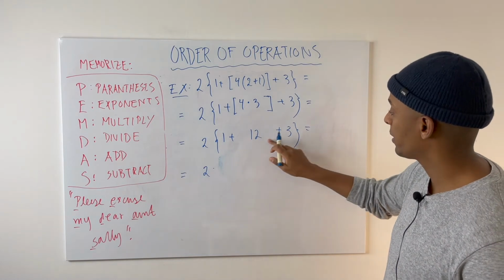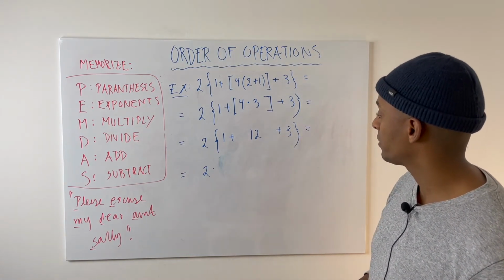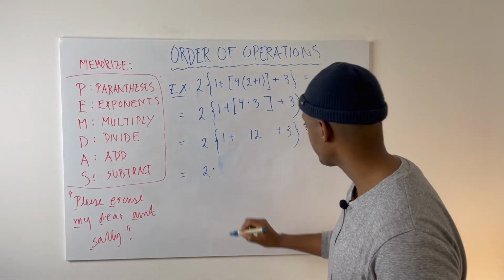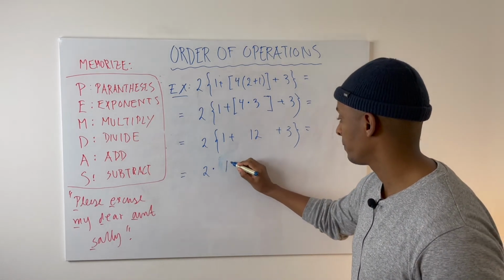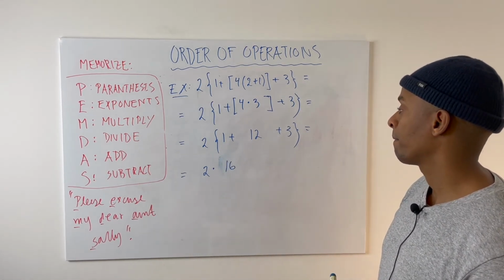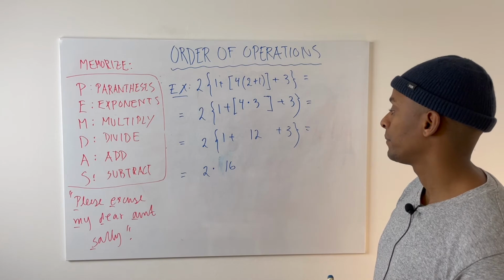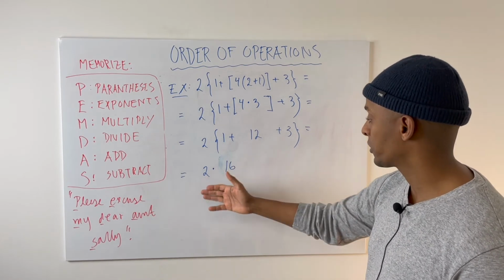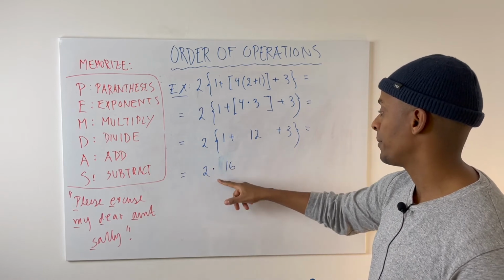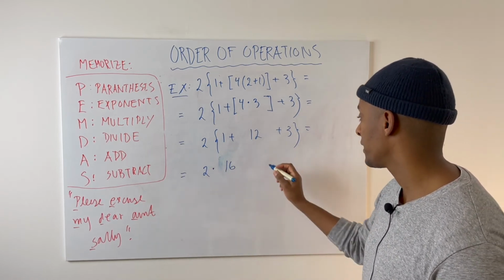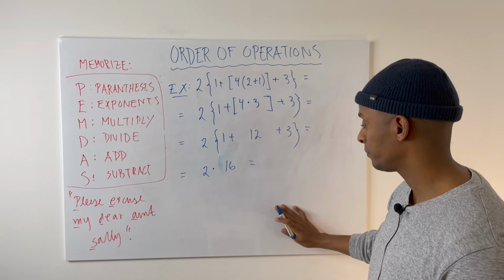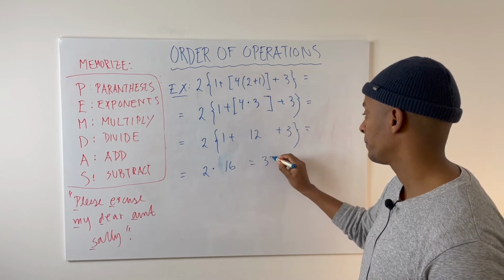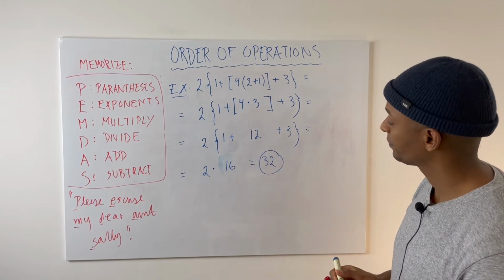That's 13 plus 3. 13 plus 3 is equal to 16. Okay? And then finally, we're just going to take 2 times 16. 2 times 16 is equal to 32. And that's the answer.